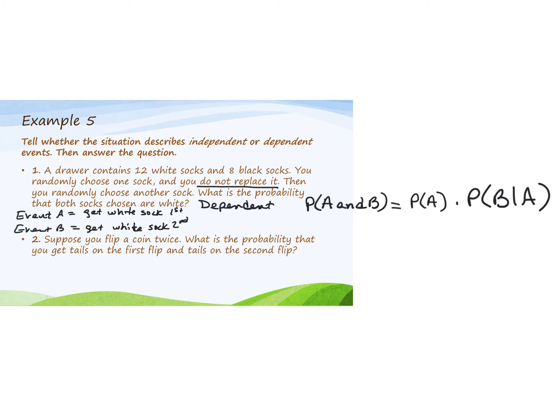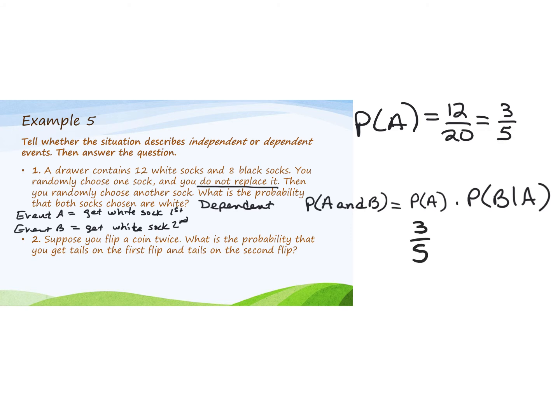So I'm going to count the total number of socks I have. 12 plus 8, so I have 20 socks. So my probability of event A is 12 white over the total. I can simplify this. I can divide them both by 4, and it becomes 3/5.